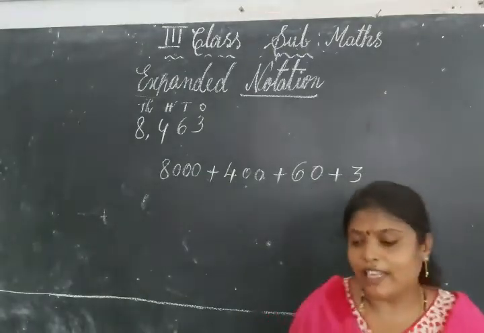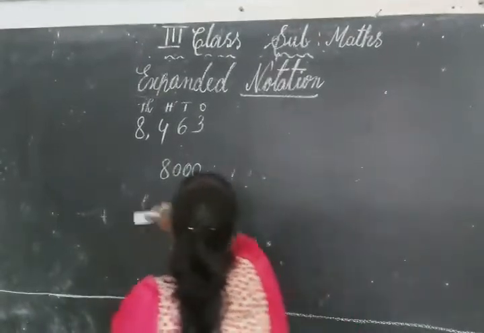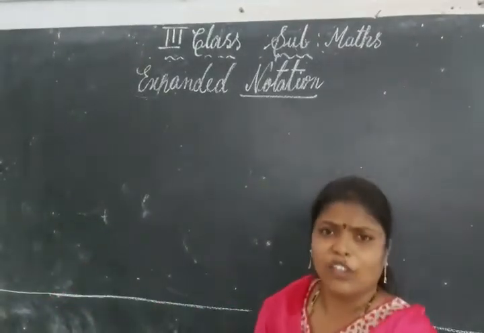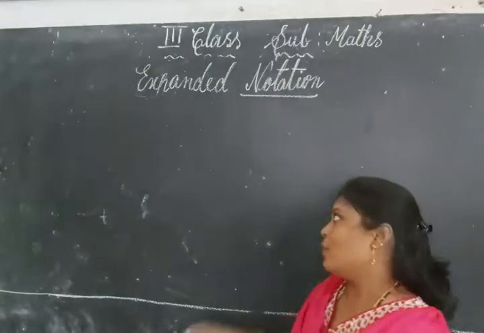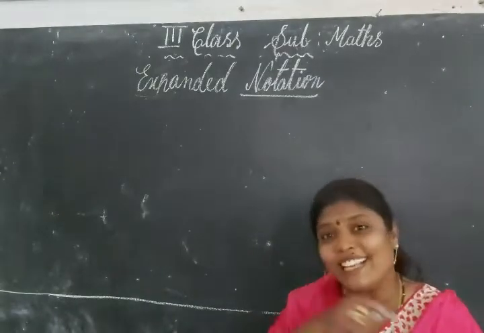Come on, let's go for our homework. Children, the homework for today: in the last class, I think you finished writing the number names of 1 to 20, right? So today you have to write the number names of the tens numbers.